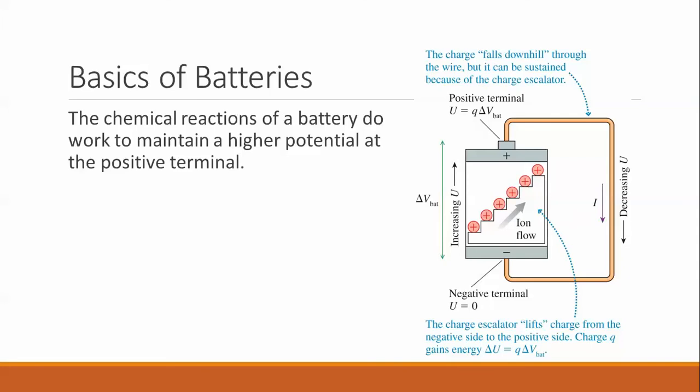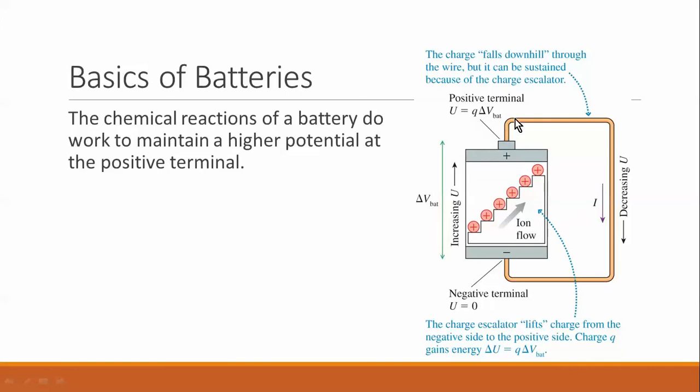And inside a battery, the chemical reactions of a battery are doing the work to keep a higher potential at the positive terminal and a lower potential at the negative terminal. So they're doing work increasing the potential up the battery. We have the highest potential at the positive end. This is where we have a potential energy equal to charge times the voltage of the battery.